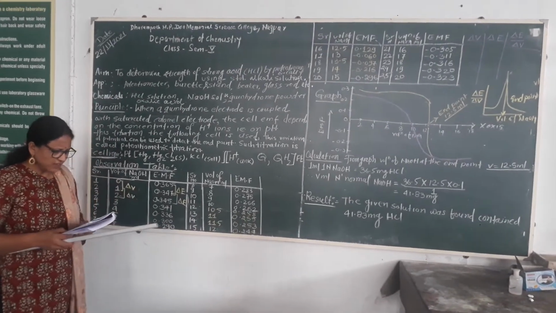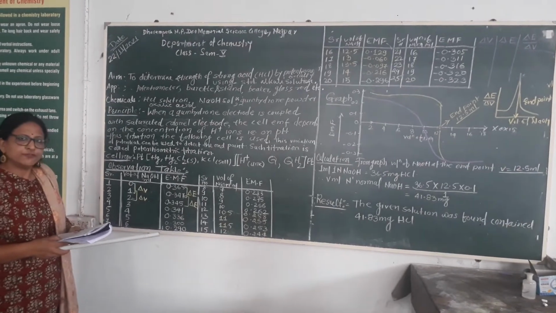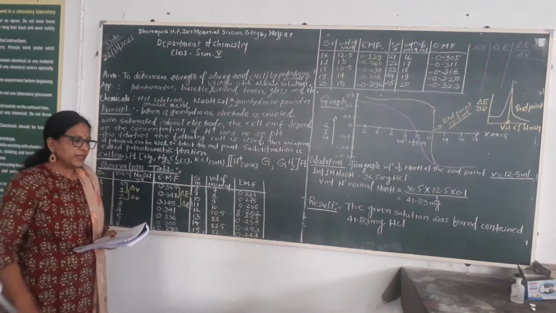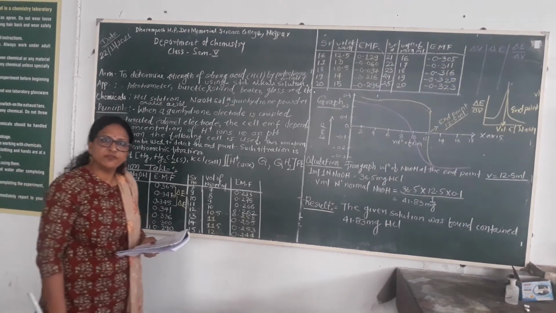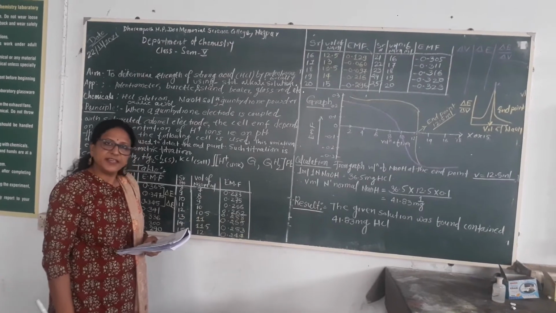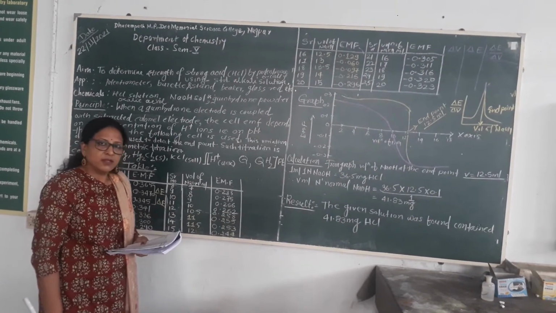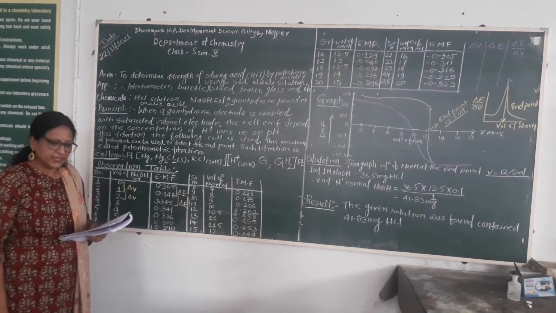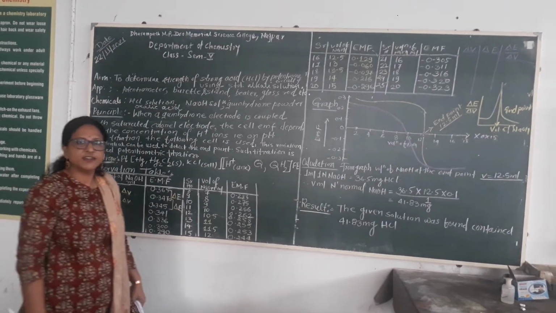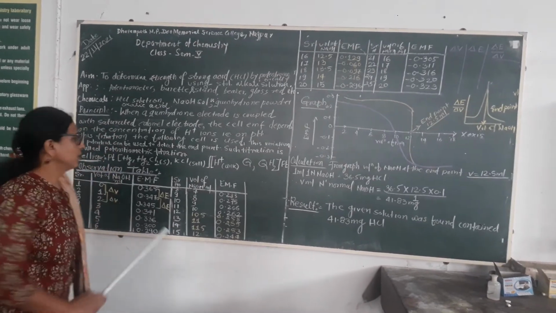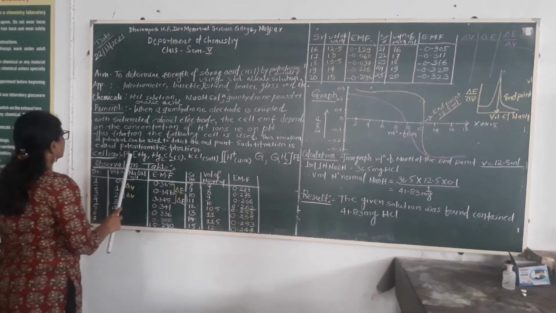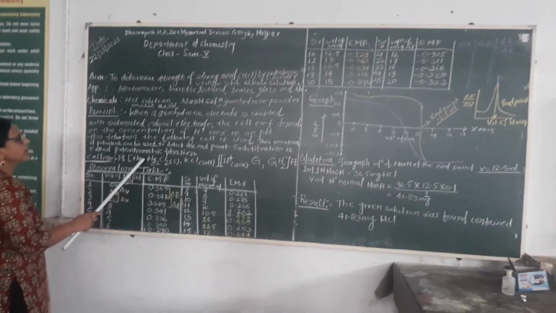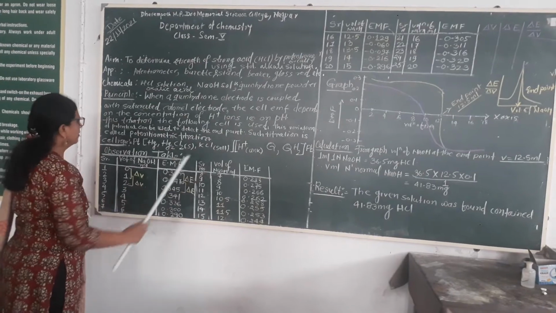The titrant is added from the burette in small installments of 0.5 ml, and after every installment the EMF is recorded. After completing the titration, a graph is plotted, and from the graph we get the end point. For the cell reaction, we are using platinum and calomel electrodes, coupled with this quinhydrone electrode here.